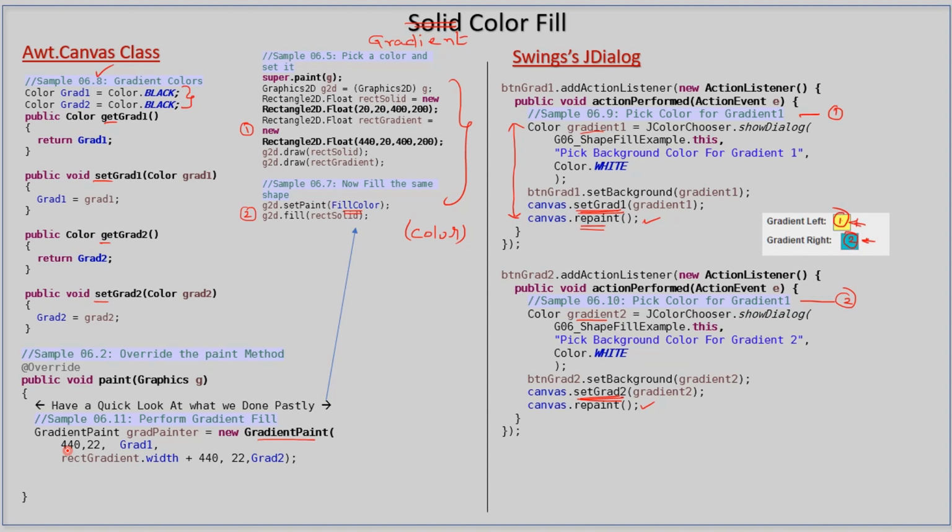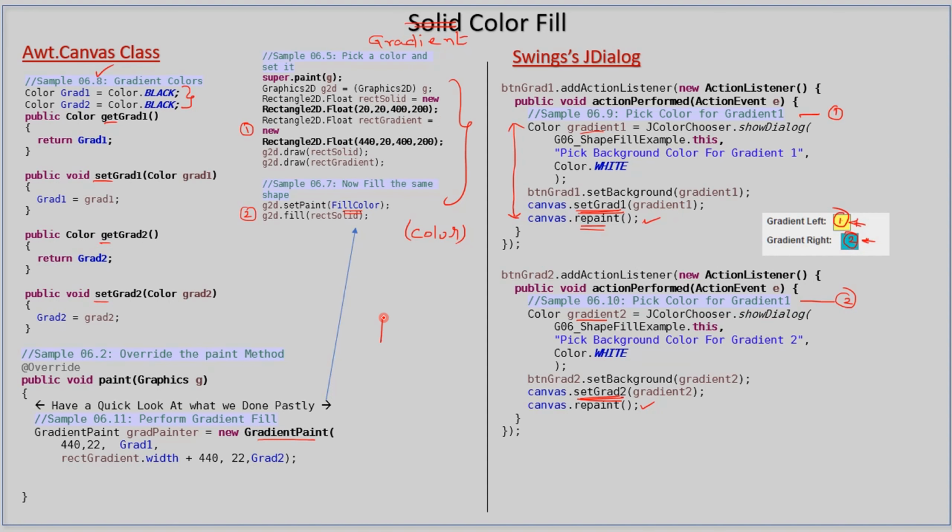The gradient paint instance requires 2 points. So this is the first point, 440, 22. That means that's the dimension, right? Here the dimension is 400 by 200. In our code we need to change it based on the dimension of our rectangle.